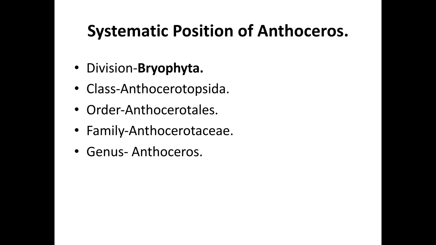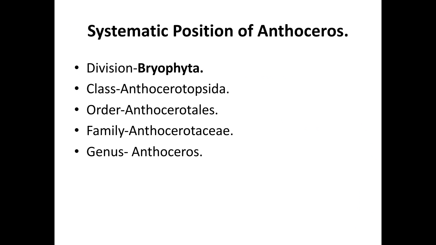Then Anthoceros belongs to class Anthocerotopsida. The plant is dorso-ventrally flattened and thalloid in nature. The smooth-walled rhizoids are present and they lack the oblique septa.